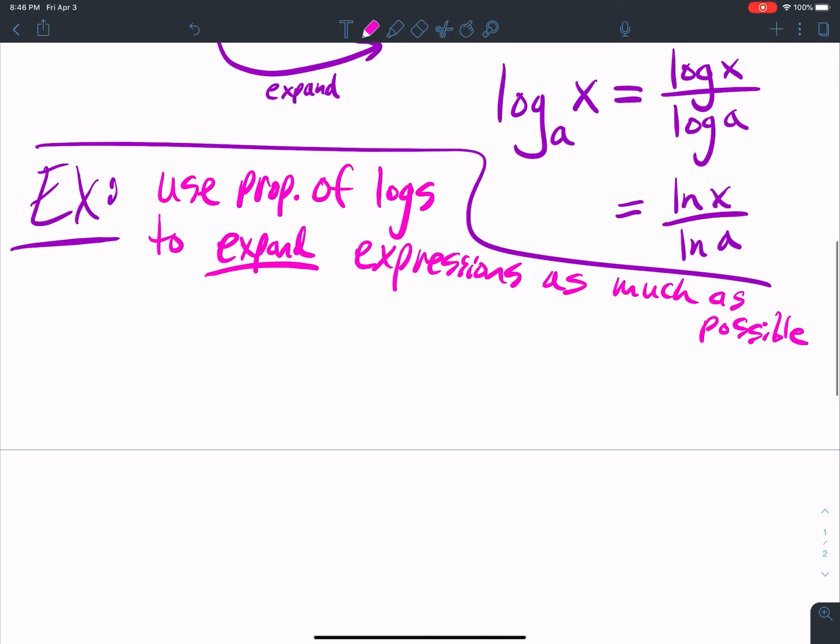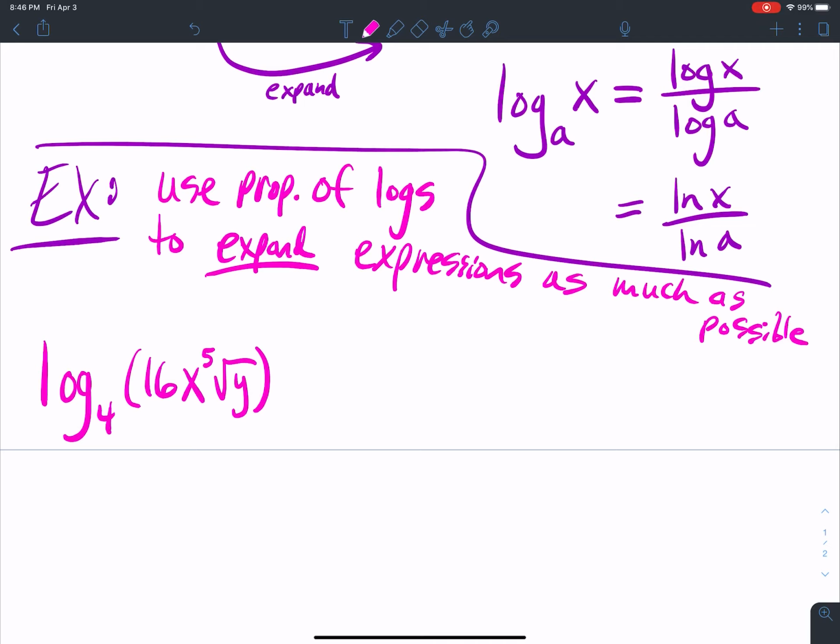So what does that look like? Take log base 4 of 16 x to the 5th times the square root of y. Now we're going to expand it. Let's see if we can do this.